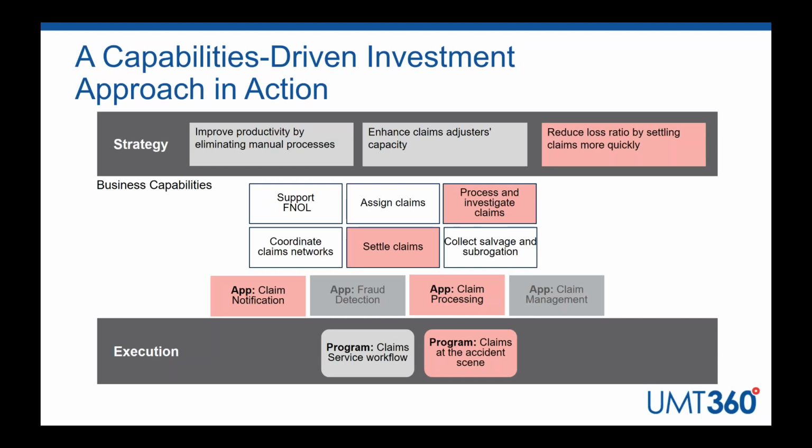So a program around claims service workflow, claims at the accident scene. So change we make. So we're able to very quickly bring all the moving parts of our organization together to get a clear line of sight from the strategy all the way through to the different components of execution to realize that strategy.